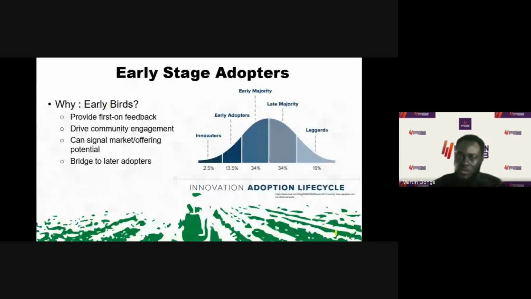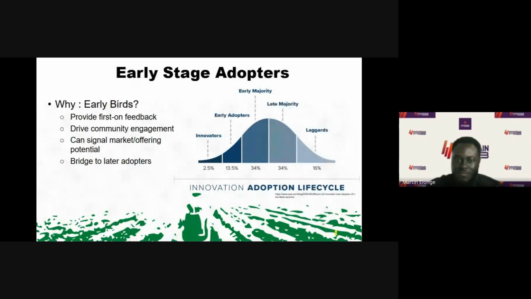Which before now had been spotted. You had those signals, but nothing was done about it to make it even better, at that level in agriculture. Yeah, so early adopters are very important for feedback and how they can drive early market entry. So they equally form the bridge to later adopters.